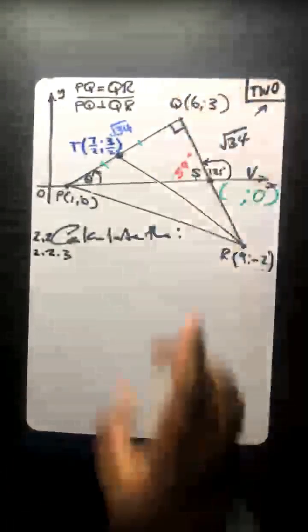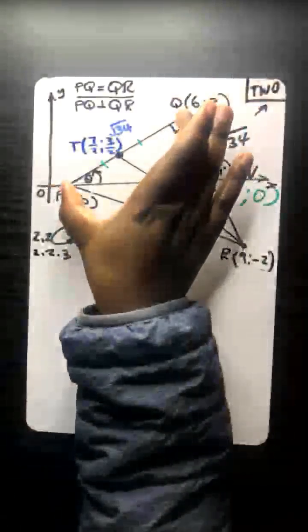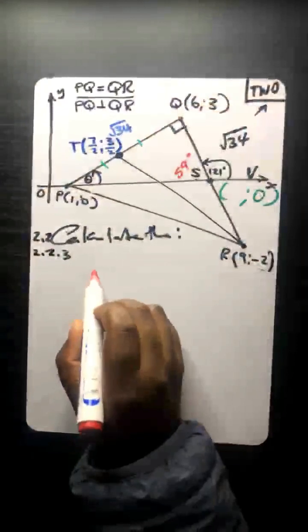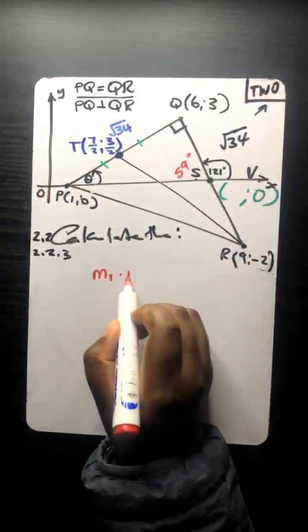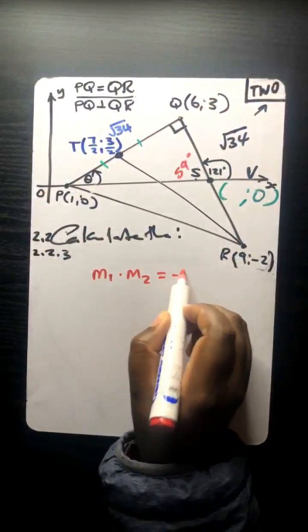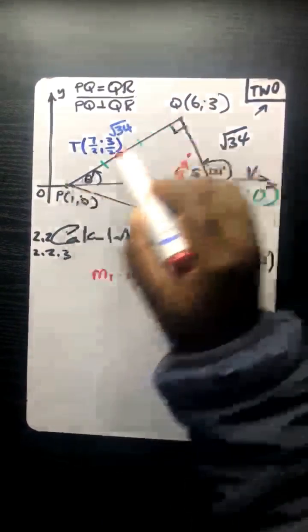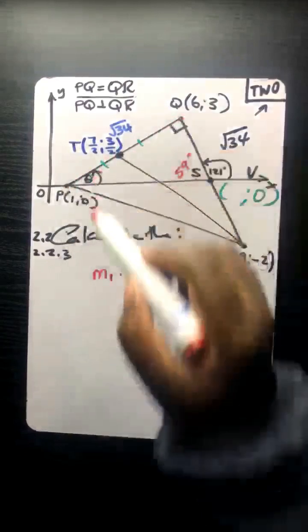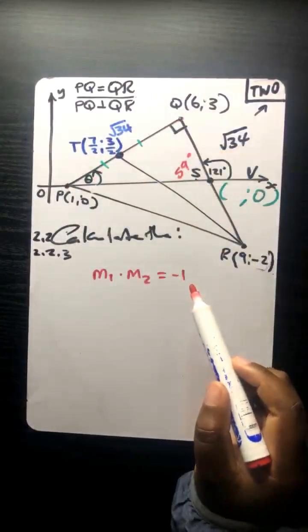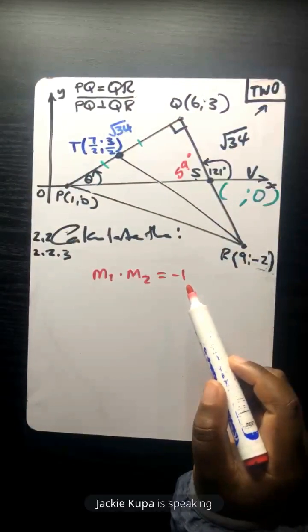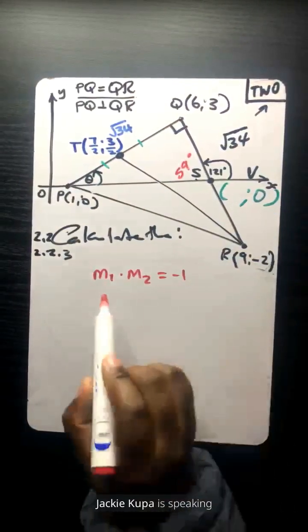But also, if we calculated the gradient of that line, they say this line is perpendicular to that. What we know is that for perpendicular lines, when you multiply their gradients together, they need to give you -1. The check is, what did we find as the gradient of PQ? What was the gradient, honorable members? 3 over 5.